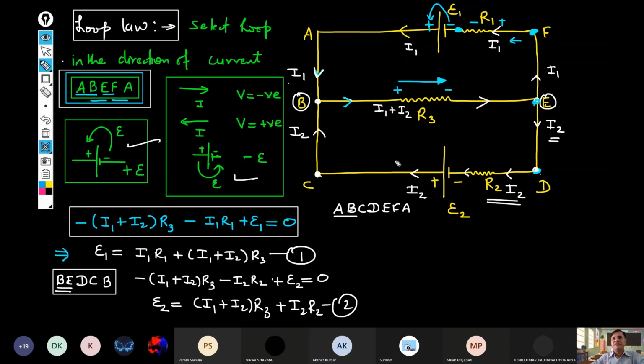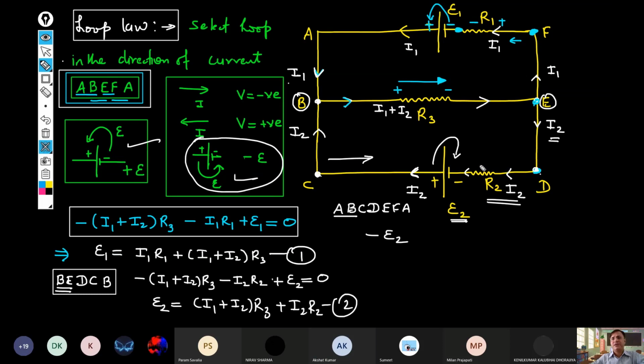Now from C to D, remember that current is moving in the direction D to C, but we are moving from C to D. So first of all, cell is there, plus to minus. What shall I write? Minus E2, beta. Okay. Yes, sir, minus E.